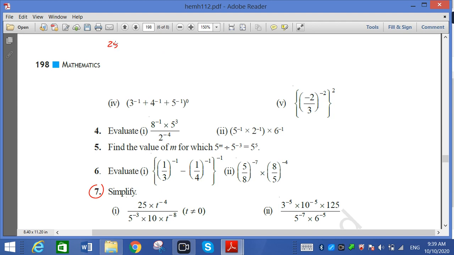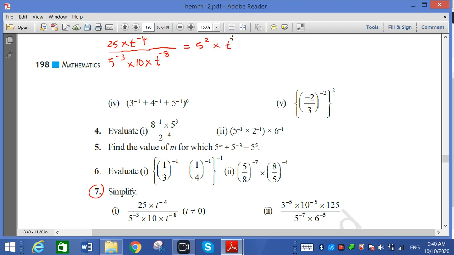I am writing it here: 25 into t the power minus 4 upon 5 the power minus 3 into 10 into t the power minus 8. What is my first target? Here 25, so I have to write 5 the power 2, prime factors we have to make.